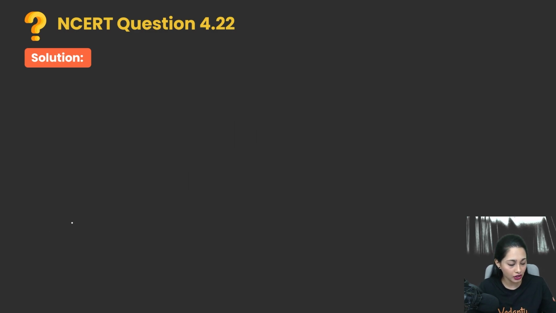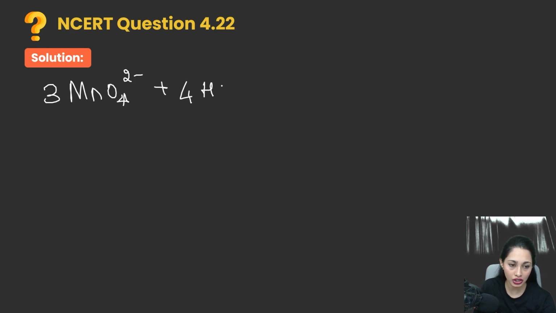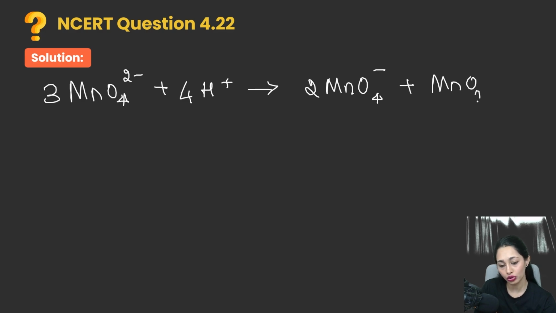Another example can be given here. This is the reaction. Manganate will undergo a disproportionation reaction to give 2MnO4 minus plus MnO2 plus 2H2O.